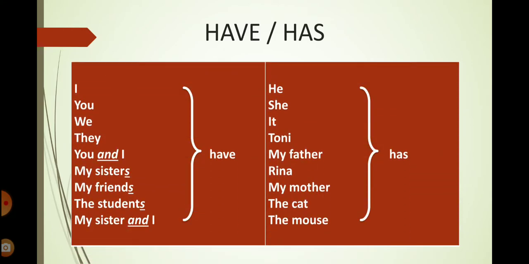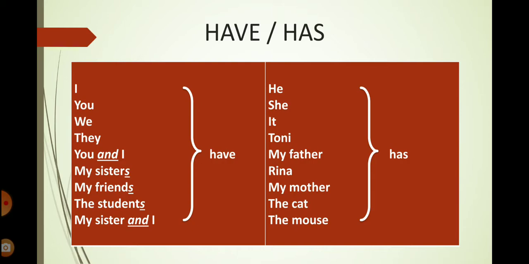The word have here is used for the subject I, you, we, they, you and I, my sisters, my friends, the students, my sister and I. So the word have is used for the subject I, you, we, they, and the people that are more than one, or plural. Okay, if the people are more than one, we have to use have.